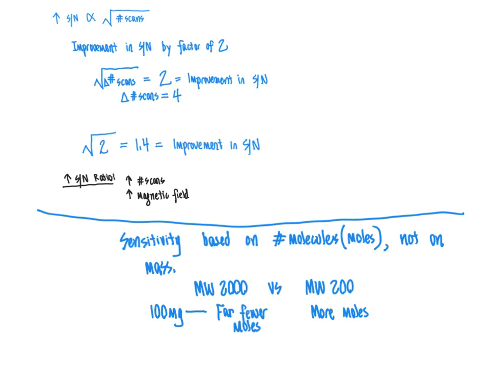If you did the calculation for how many moles you have of 100 milligrams of substance with a molecular weight of 2,000, you're going to find that number of moles to be much lower than for 100 milligrams of a substance with a molecular weight of 200. And as a consequence of that lower number of moles, you're going to have a lower sensitivity in the NMR. That means you would need such things as more scans and a higher magnetic field to detect a compound with a molecular weight of 2,000 versus 200.